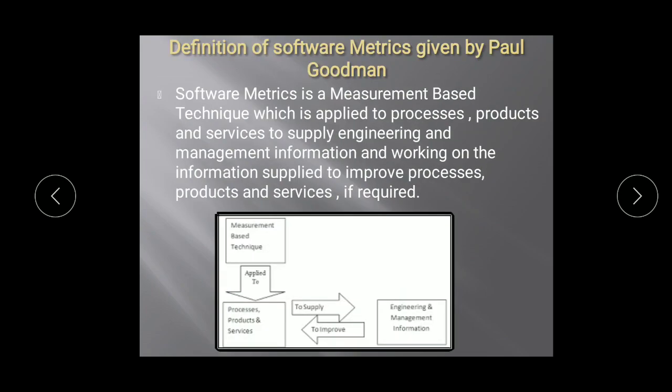A definition of software metrics given by Paul Goodman is that software metrics is a measurement based technique. Pay attention: it's a measurement based technique, everything in numerical value format, which is applied to processes, products and services to supply engineering and management information.